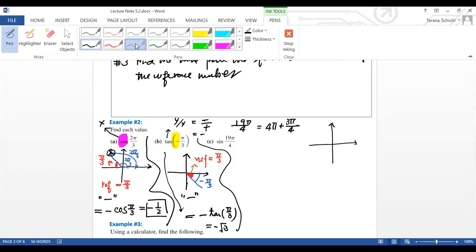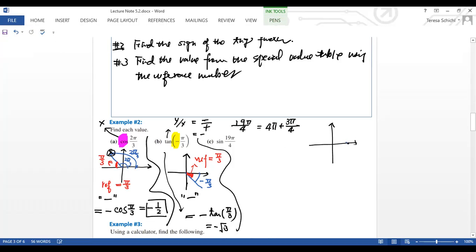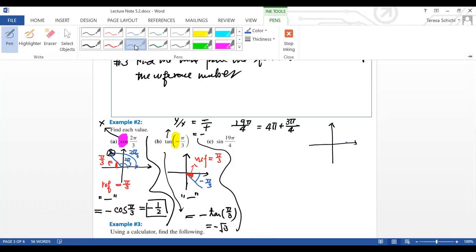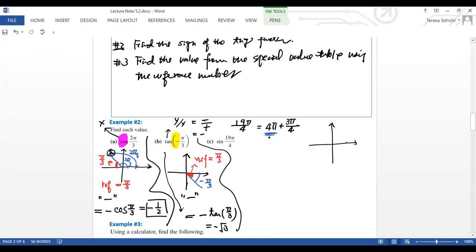Now let's start here. Because it's 4 pi, what does that mean? That means you turn the circle how many times? Twice, right? So you go around, boom, boom. Now the third one is you go to 3 pi over 4.